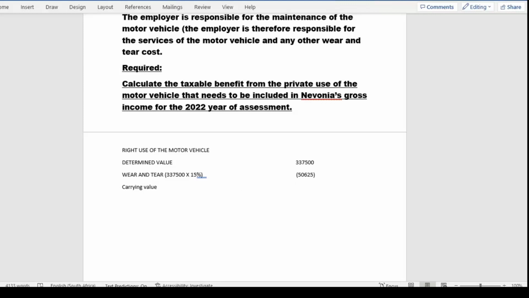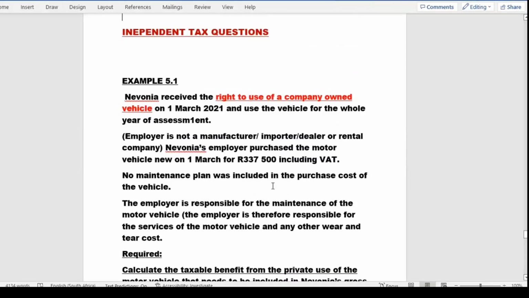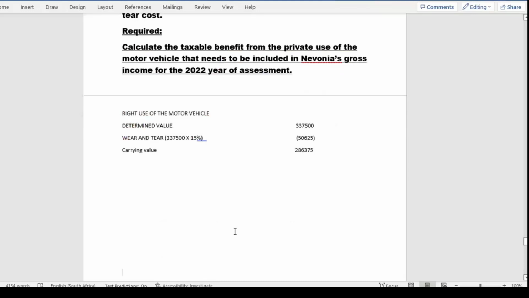I'm getting 286,875. Did I write it down correctly?